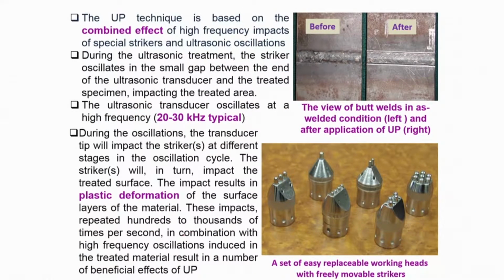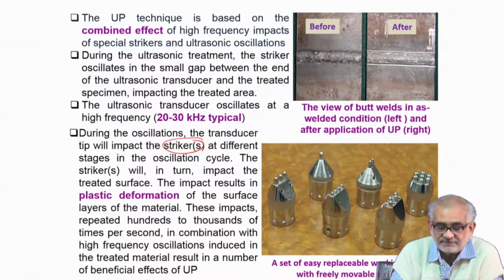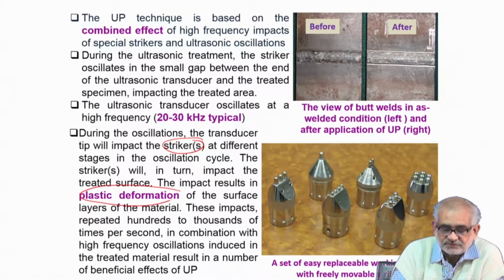So the implements, instead of spherical shots, what we use here are called strikers, and typically the strikers are propelled by this ultrasonic wave at very high frequency, and they are responsible for creation of this plastic deformation.